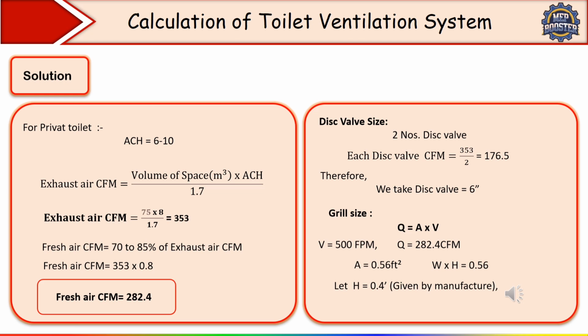They will provide the height of grill they have available, because we don't know what height of grill the manufacturer has manufactured. That is why this detail will be given by the manufacturer only. Suppose they give you a 0.4 feet height grill. So based on that height you will calculate the width and send all this detail to the manufacturer, that I want that much height and that much width of grill.